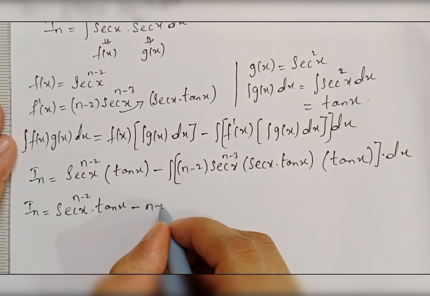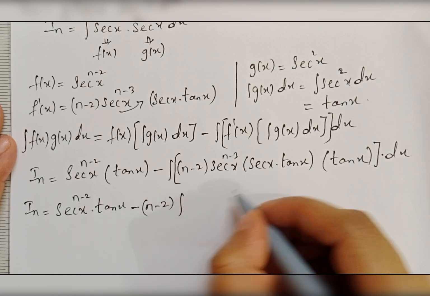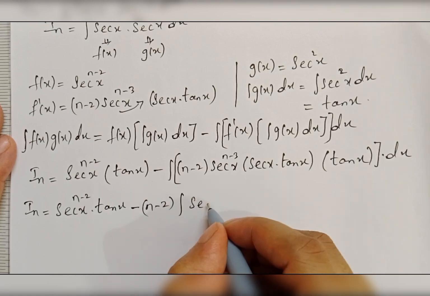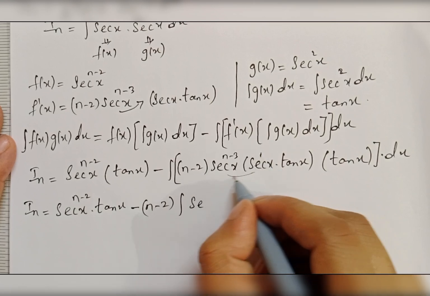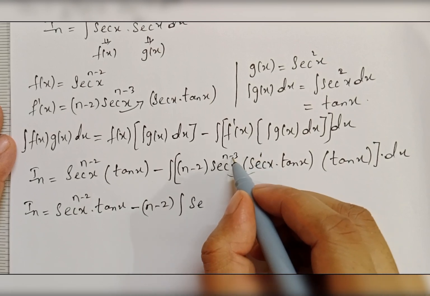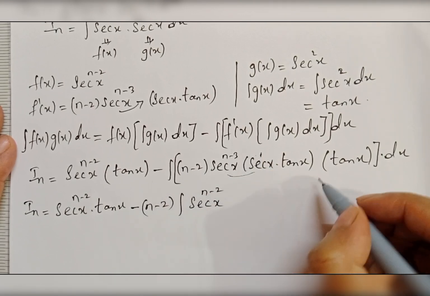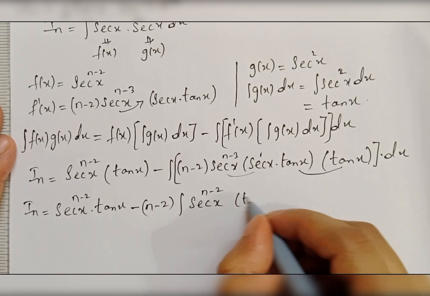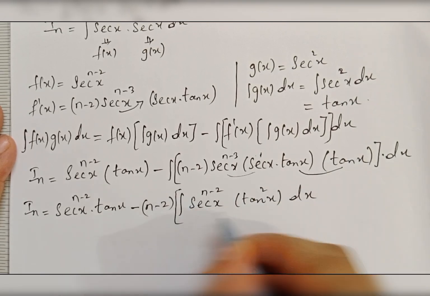So I_n is equal to secant x power n minus 2 into tan x minus, I'll write n minus 2 outside as it is a constant, integral. Here secant has power 1, right? Bases are equal, so powers can be added. Minus 3 plus 1 will be minus 2, so it is secant x power n minus 2. And tan into tan will be tan square x dx.